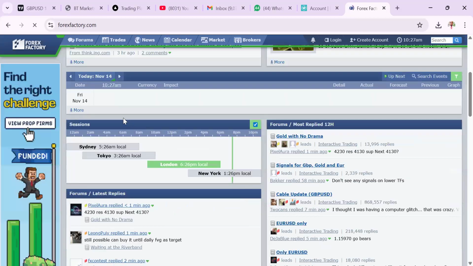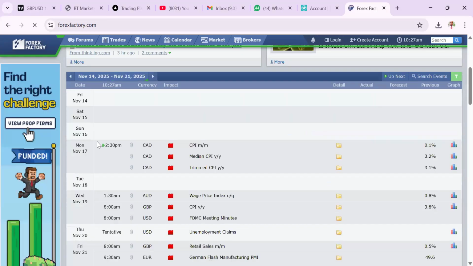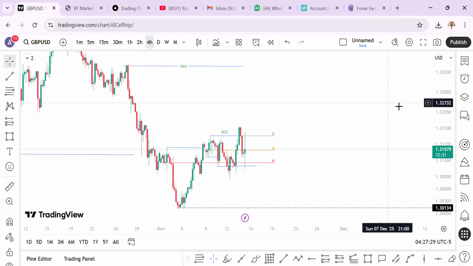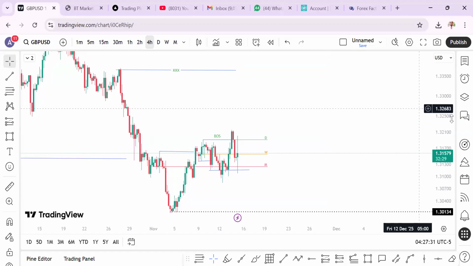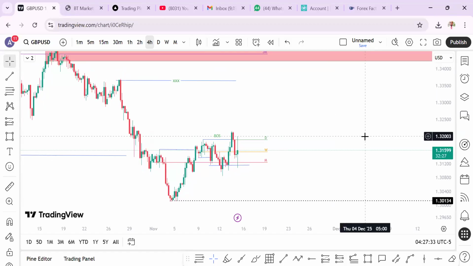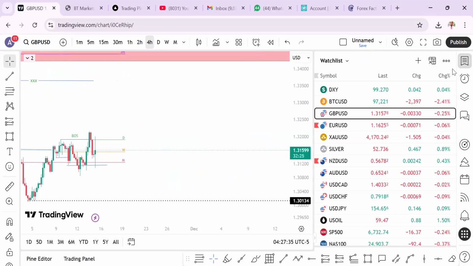There's no news today. So today's free day, no news, till next week Monday. So the market may be likely a little bit slow, but there's no news like that. So that is GU.